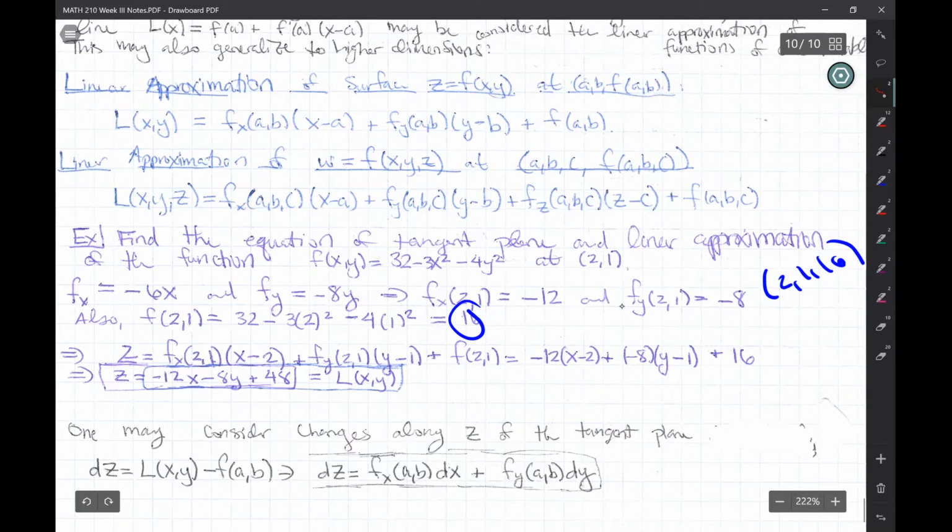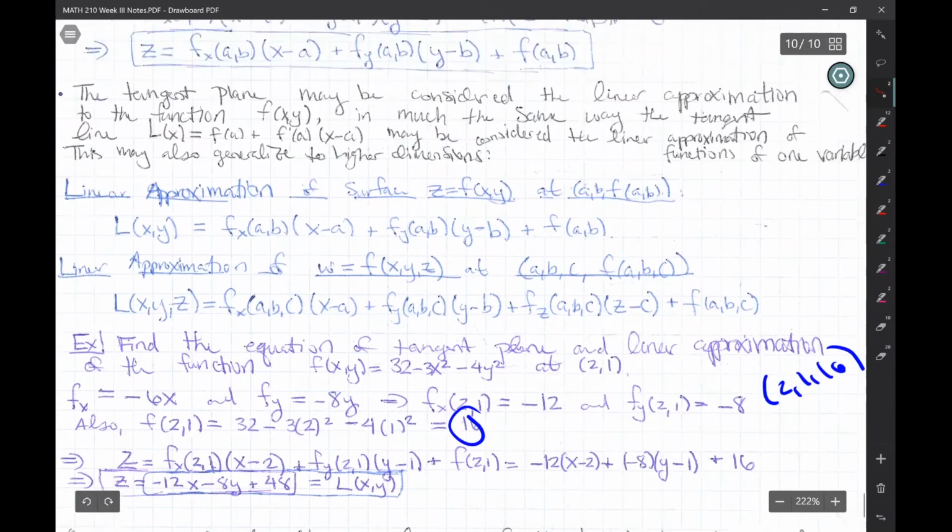We want this tangent plane at the point (2, 1), so we evaluate these at the point (2, 1). We get minus 12 and minus 8. And we also need this f(a, b), which here is f(2, 1), and we find that it's 16 there. Then we just use that formula that we have above.